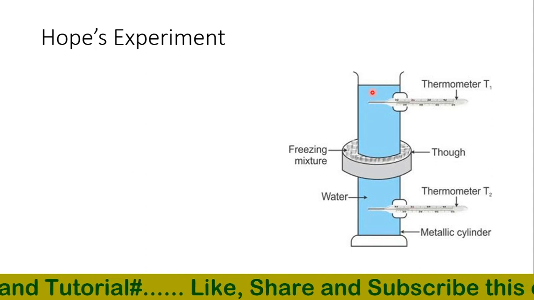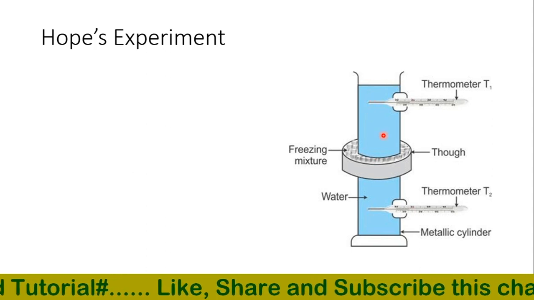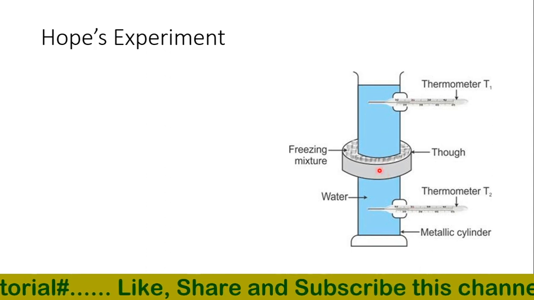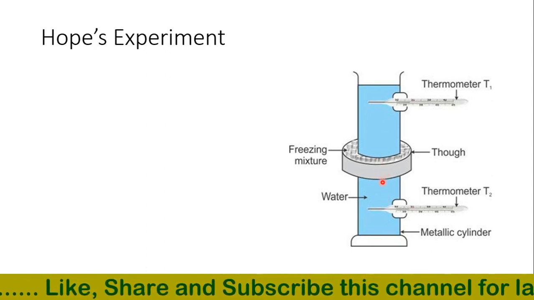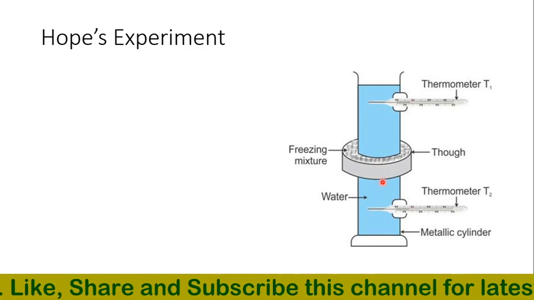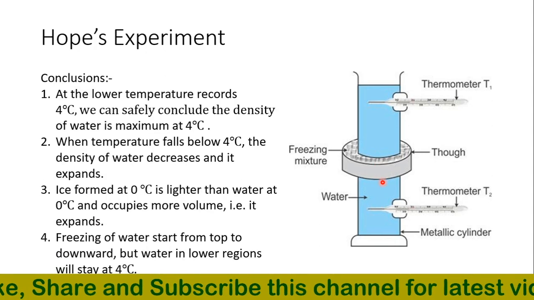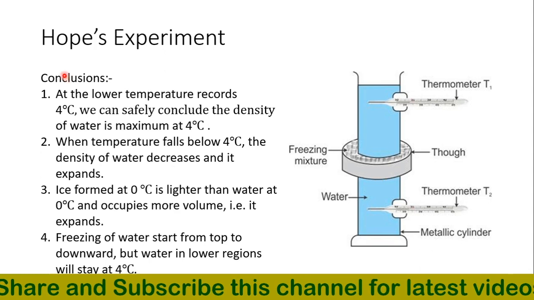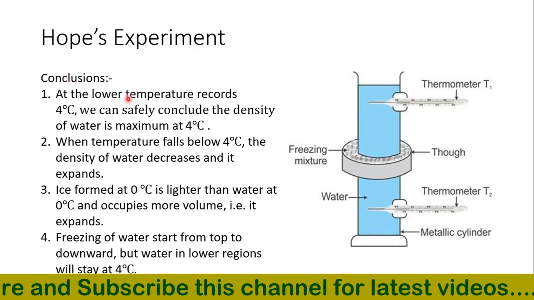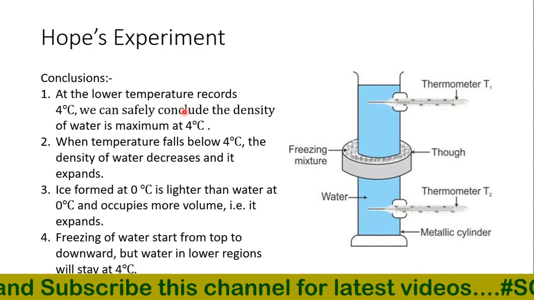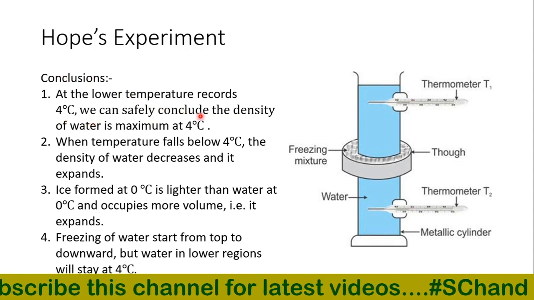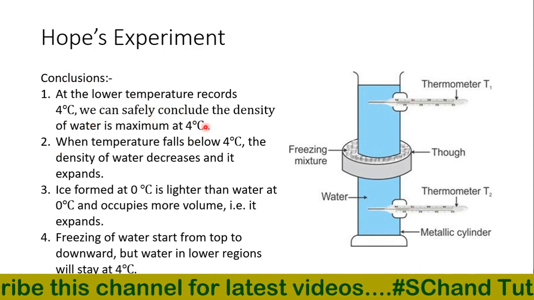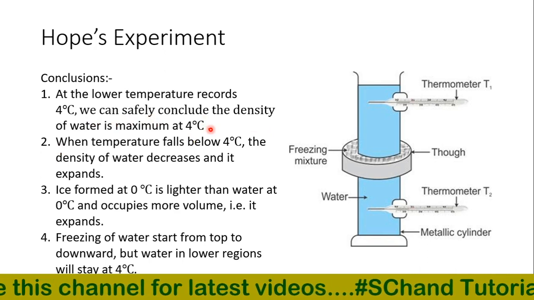So it shows that water shows different behavior, the anomalous expansion. This is due to the anomalous expansion. We conclude from this experiment that at the lower thermometer the temperature records 4 degrees Celsius, so we can safely conclude that the density of water is maximum at 4 degrees Celsius, which we have seen already.